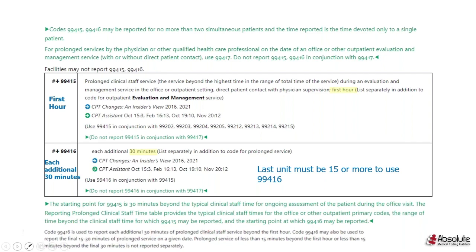Okay, what is that? Well, that means that we need to know the typical clinical staff time, and you cannot code directly from the code series, because you'll need to know what the typical clinical staff time is if it's not indicated in your documentation.